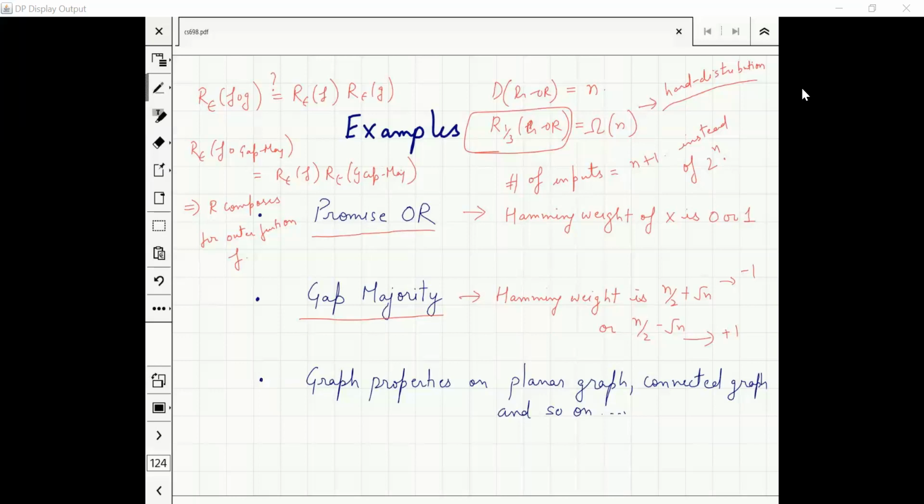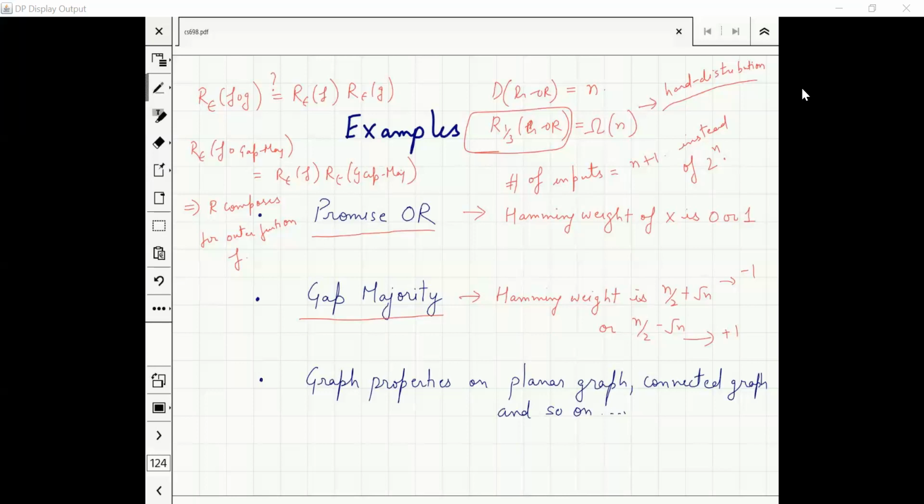Great. What I'm trying to show you is that we have already seen many examples where partial functions are very, very useful. And as Goldrake mentioned, there are many examples where partial functions or promise problems are obvious. For example, given a planar graph, there cannot be more than n by 2 triangles.